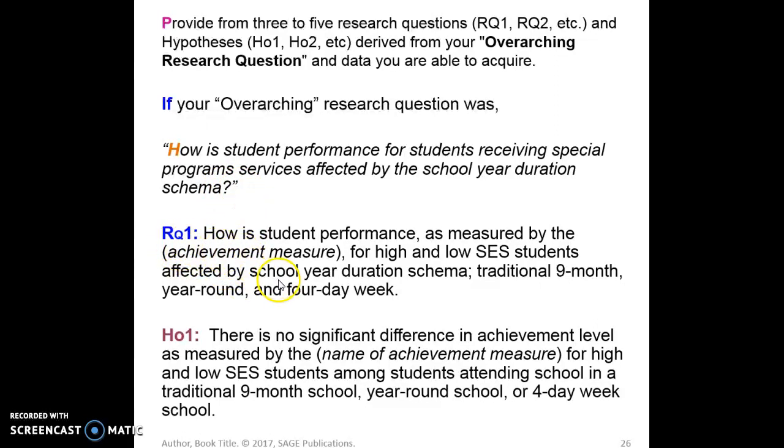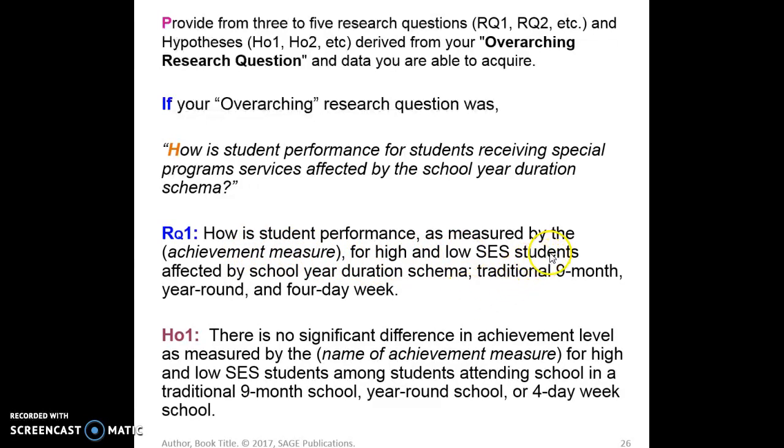Okay, what would be a good research question? Not an overarching one, but a specific one. If your overarching research question was how is student performance for students receiving special program services affected by school year duration, maybe more specifically you would say, how is student performance as measured by some annual achievement test or some score the school has to measure its achievement for high and low SES students?